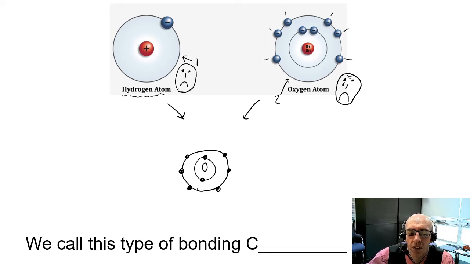And the hydrogen says, I need 1. Sorry, wrong voice. The hydrogen was doing an oxygen impression. I need 1. So the hydrogen comes along and says, you can share one of mine and I can share one of yours. And there's the hydrogen. The hydrogen now is absolutely tickety-boo.